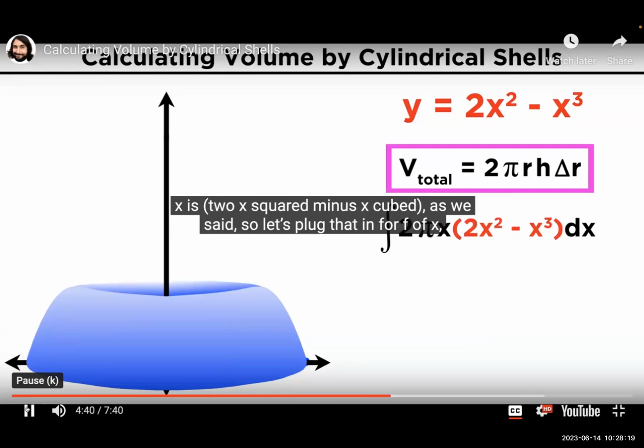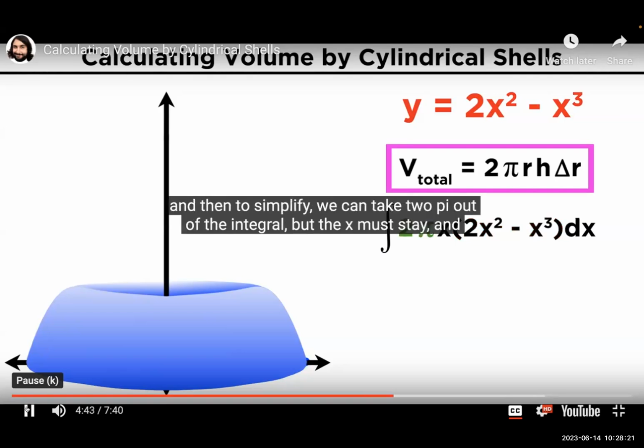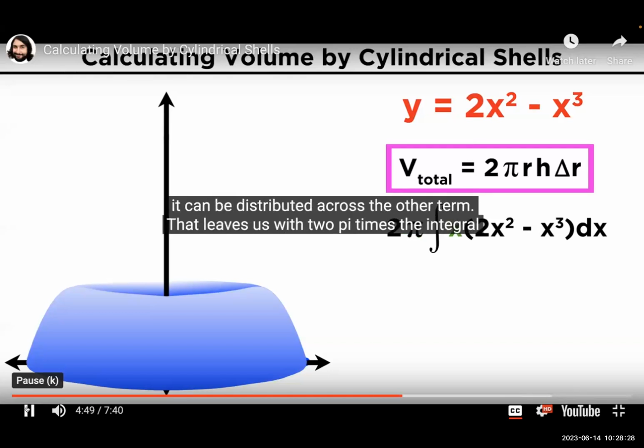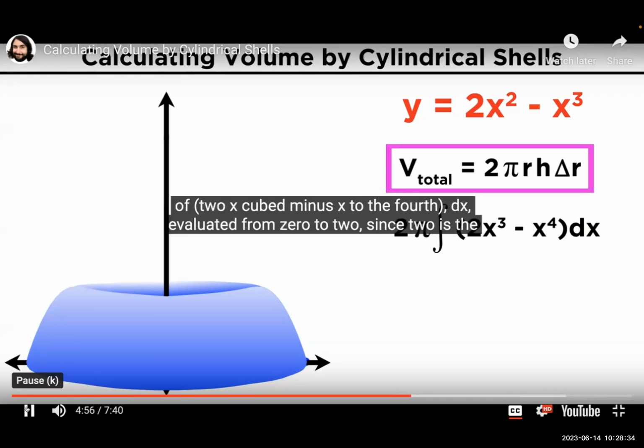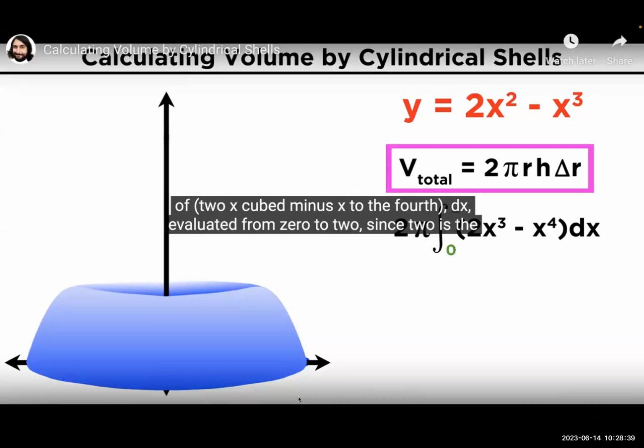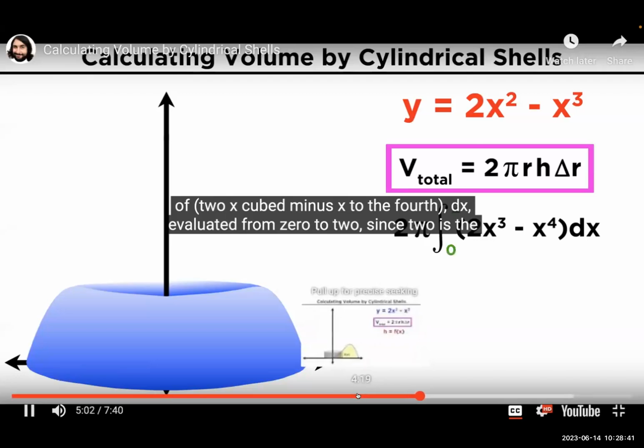So let's plug that in for f of x. And then to simplify, we can take 2 pi out of the integral, but the x must stay, and it can be distributed across the other term. That leaves us with 2 pi times the integral of 2x cubed minus x to the fourth dx, evaluated from 0 to 2.